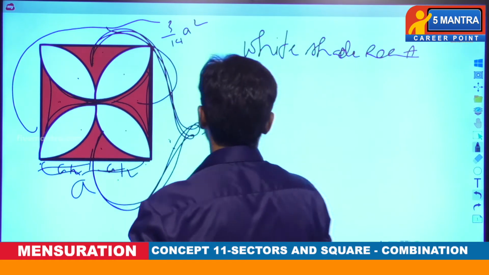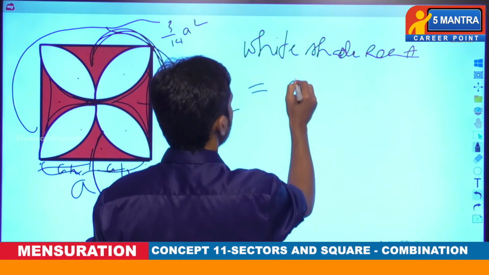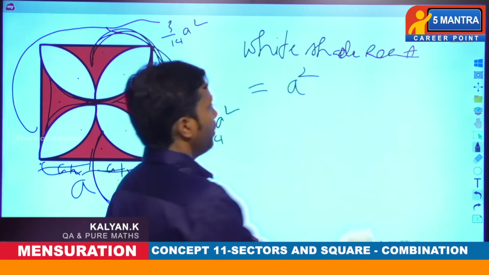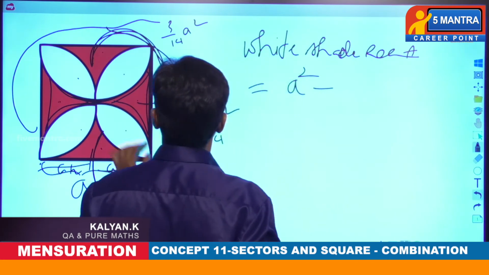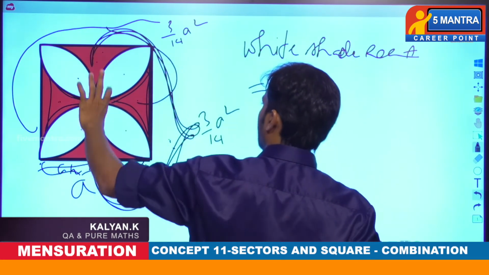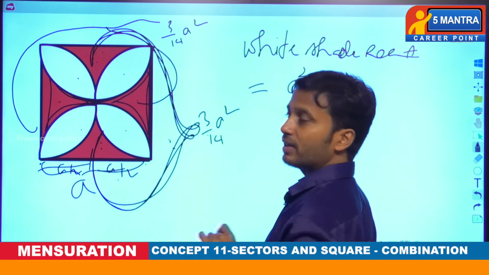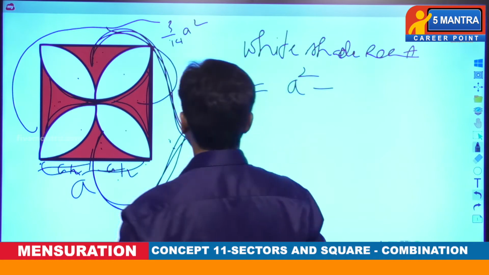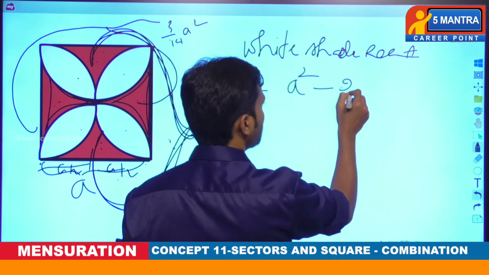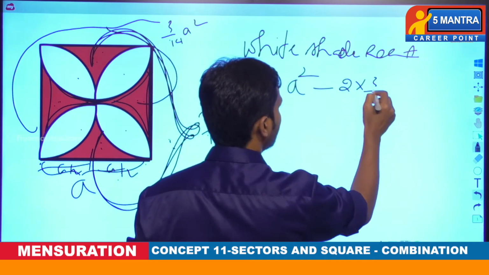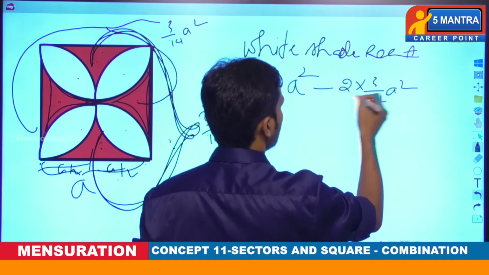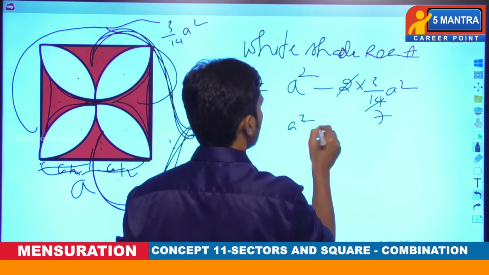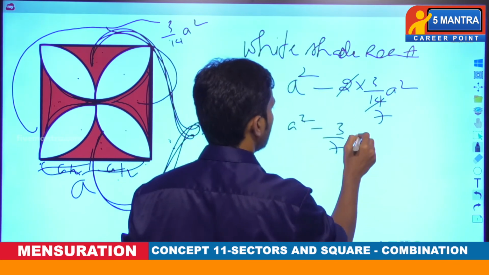The total square area would be A square because the side is A. These two gaps would be 3 by 14 A square, and another two gaps are another 3 by 14 A square. So 2 times 3 by 14 A square should be subtracted from that. That's 3 by 7. So that is A square minus 3 by 7 A square.